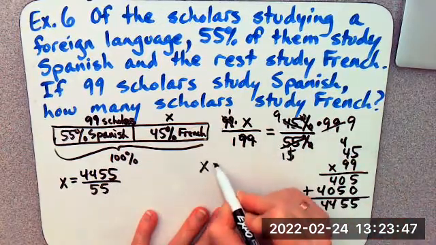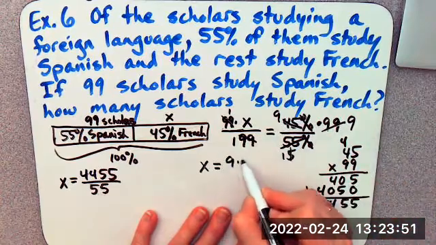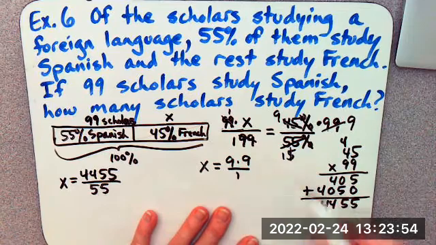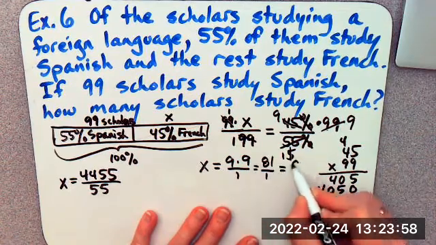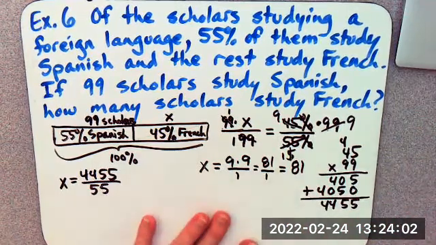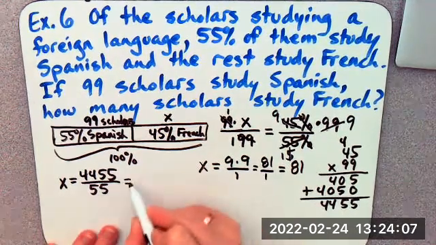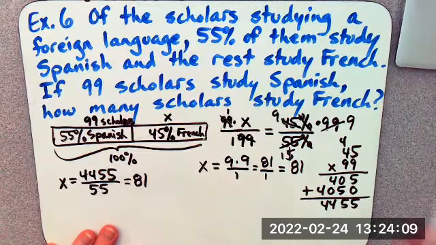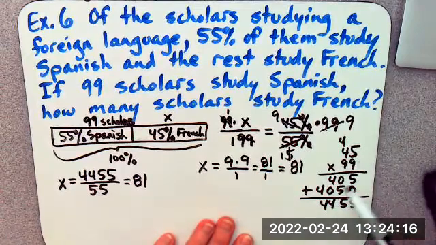So now we have X equals 9 times 9 over 1. So that's just 81 over 1, which is 81 scholars. Now that's so much easier than doing this, okay? So believe it or not, this is going to equal 81 when we do it. Okay, so the joy of canceling out common factors means you don't have to multiply doing this and then dividing by big numbers.